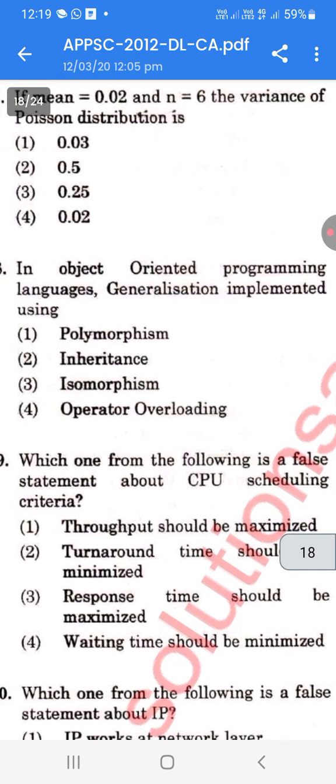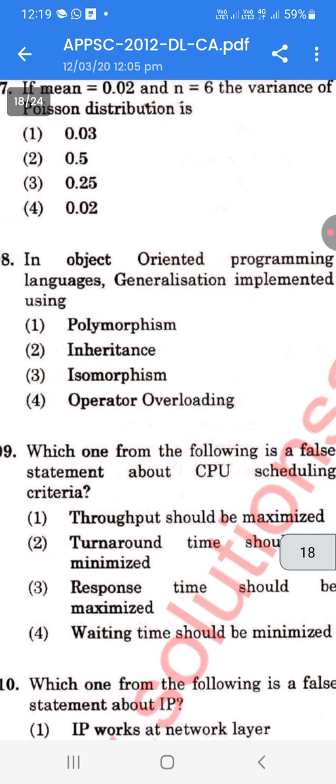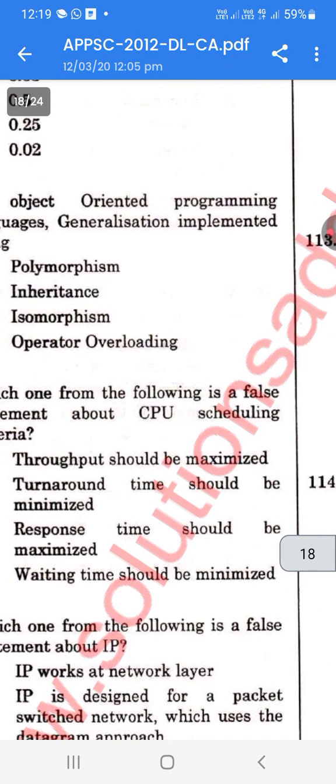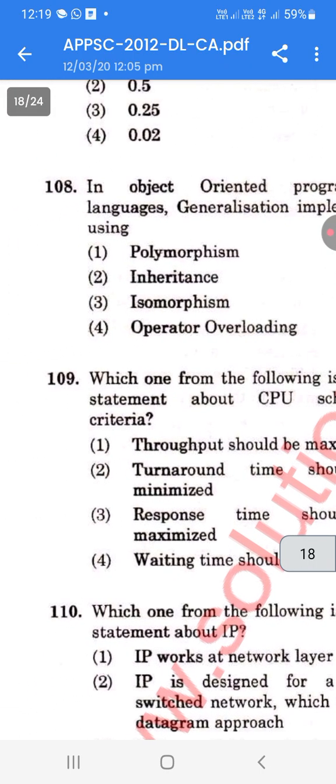In object-oriented programming languages, generalization is implemented using inheritance. Which one from the following is a false statement about CPU scheduling criteria?